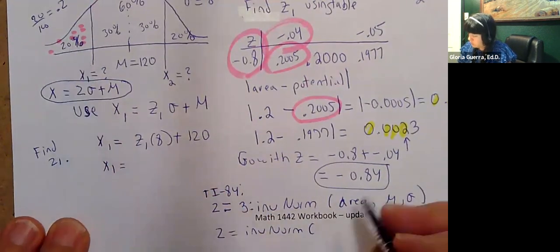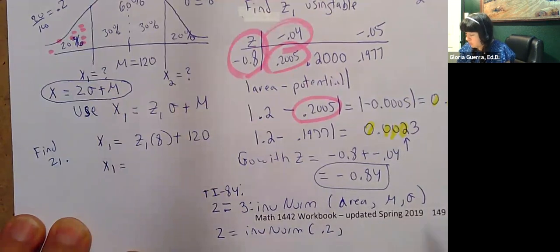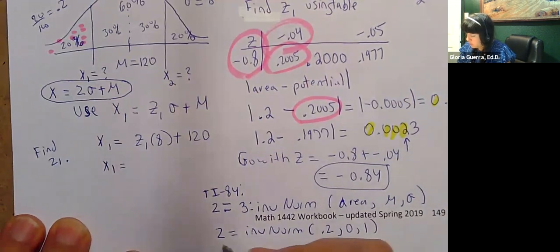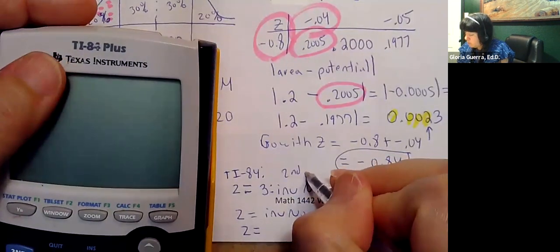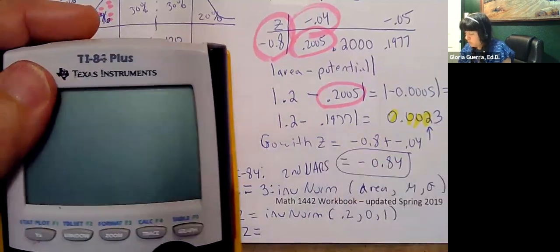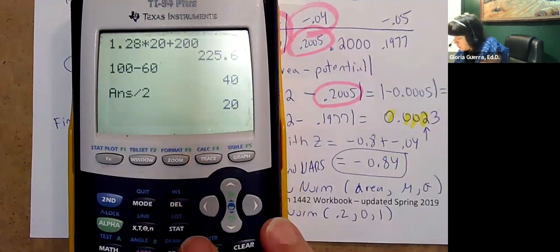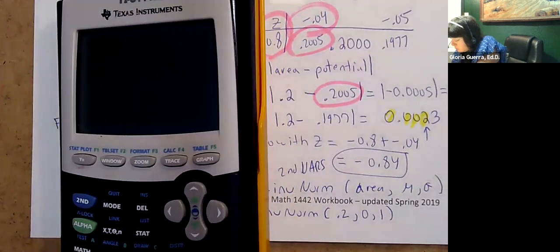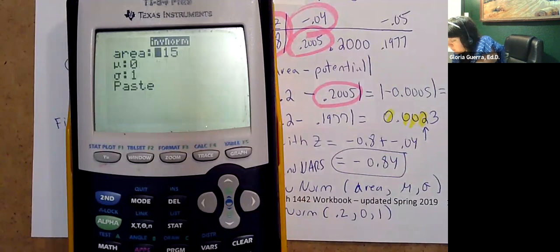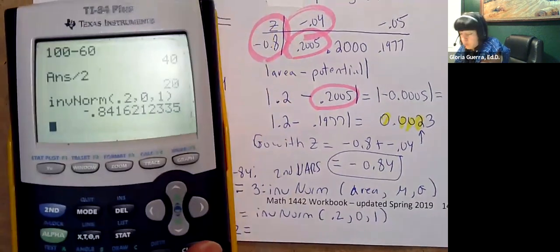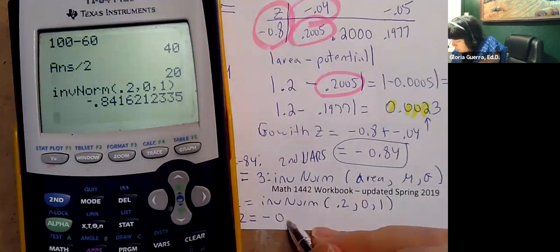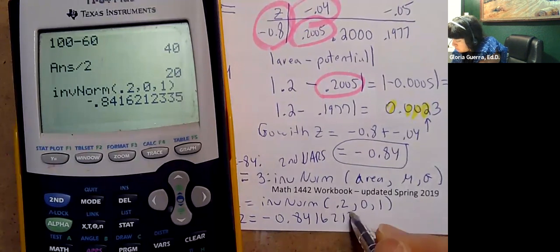Mu is 0, sigma is 1. So when you do second vars, number 3, and 0.20, you have negative 0.8416212, and so on and so on.